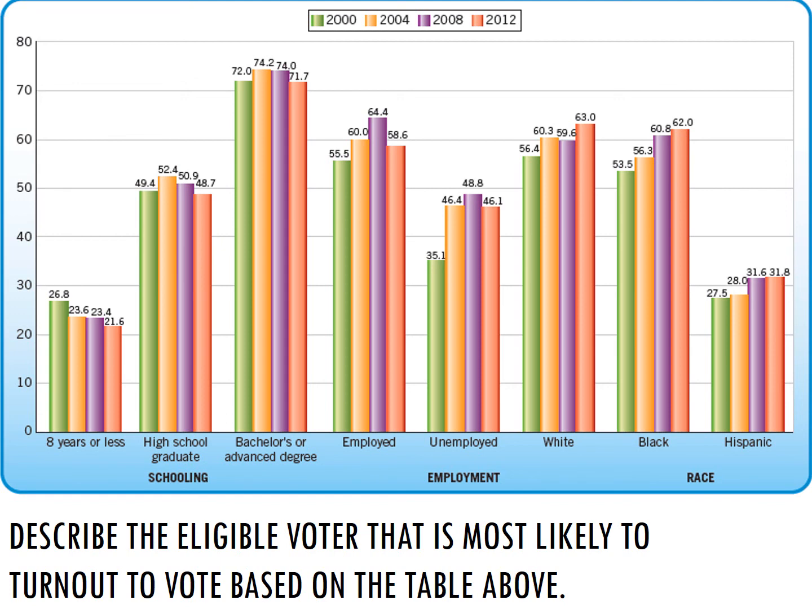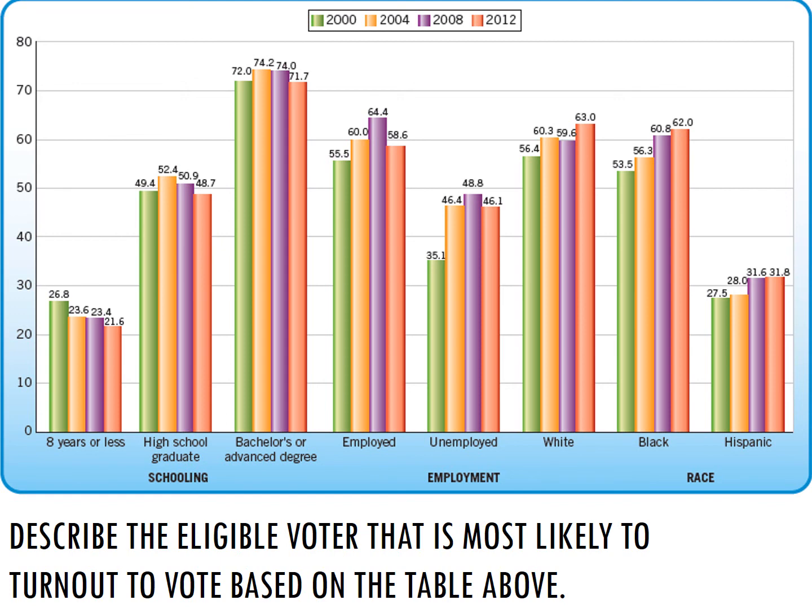For people who have 8 years or less, they don't complete high school, they don't get a high school diploma. For those that do complete high school, and then for those that complete a bachelor's or advanced higher education degree, you can see overwhelmingly people with a degree tend to show up to vote at much higher rates than those with a high school diploma or less.